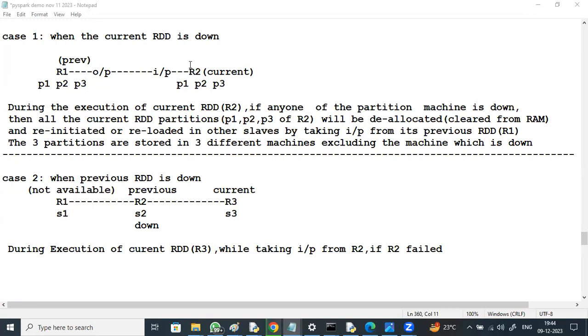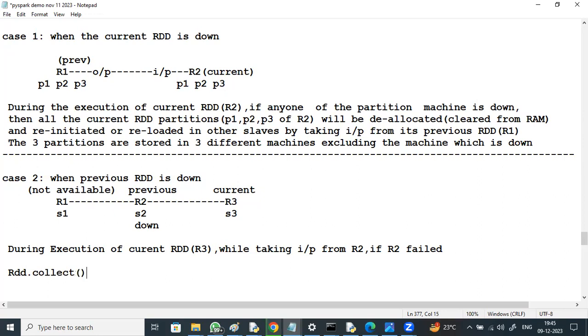So, sir, we cannot query a particular partition of an RDD, right? You cannot query a particular partition of an RDD. Whenever you want to perform any action or transformation, you will say rdd.collect, rdd.count, rdd.take, rdd.map.